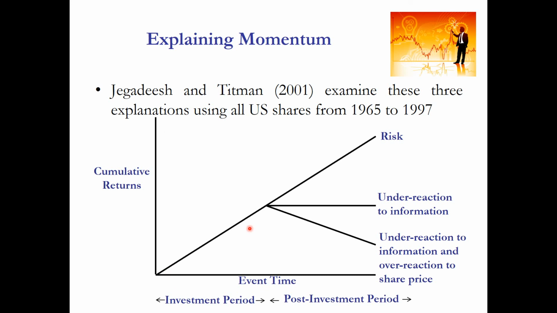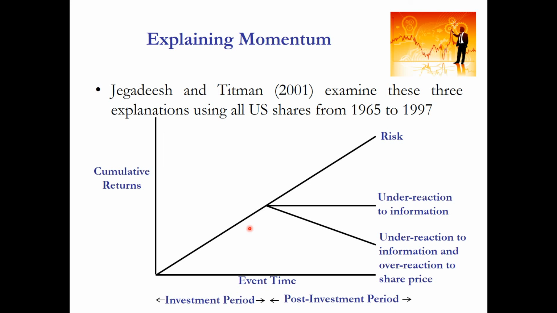But then if investors are overreacting to price change, what this means is once the price drifts to fundamental value, it actually keeps drifting upward in the positive direction, further away from that fundamental value because of the overreaction or the over-extrapolation of that trend.